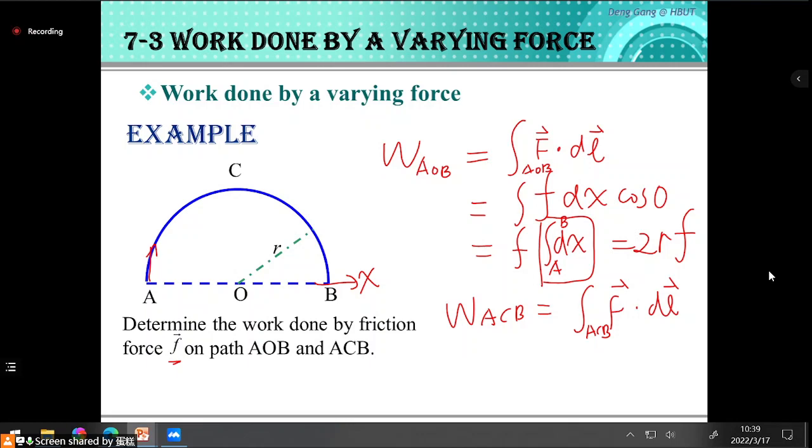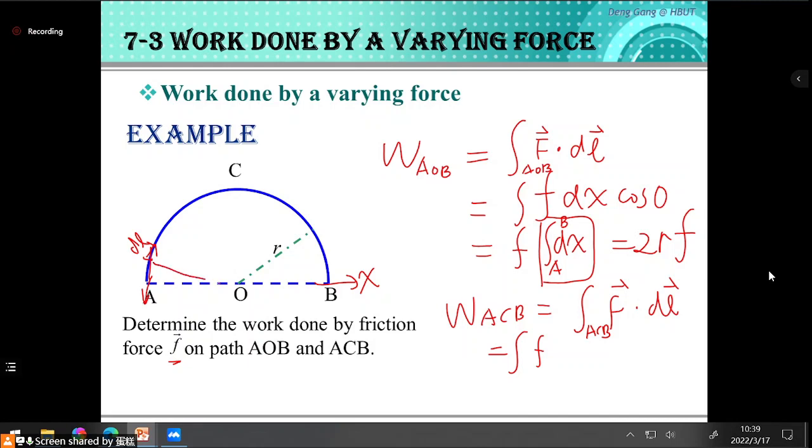And the friction force F is in the opposite direction. So still the integration of F dL. What's the length of dL?